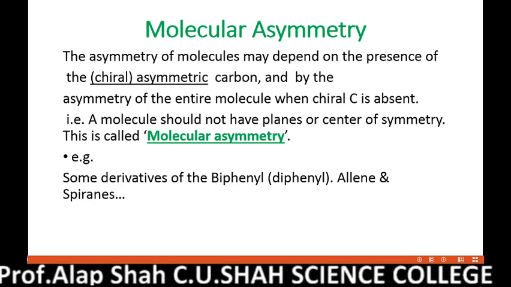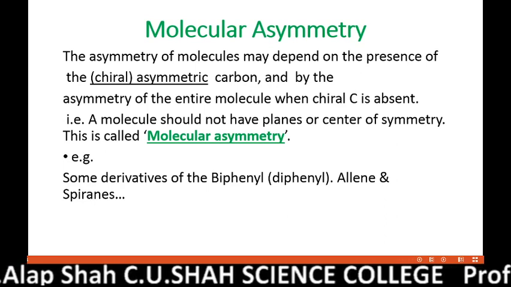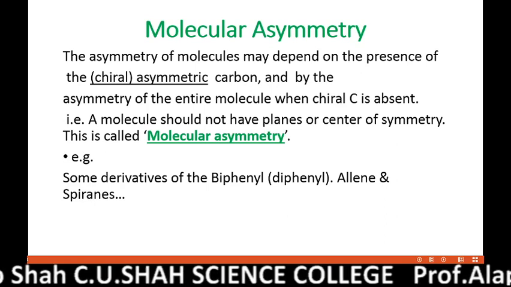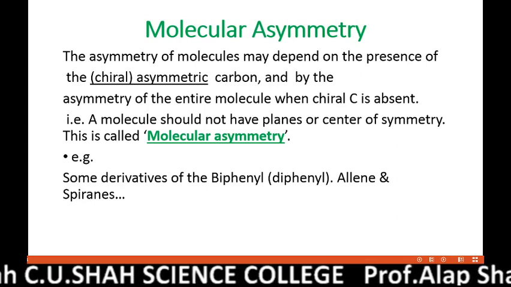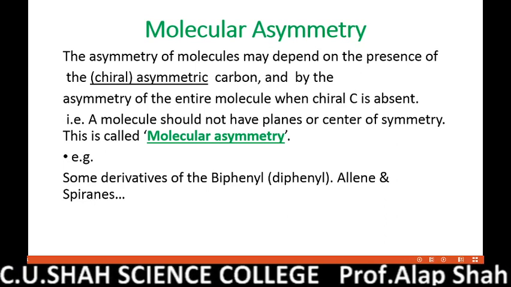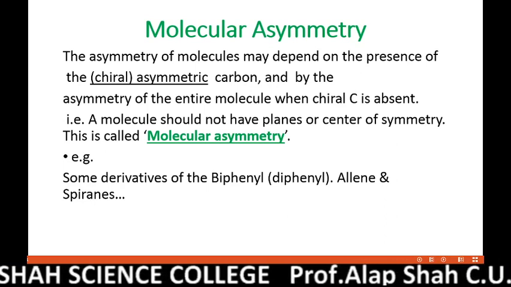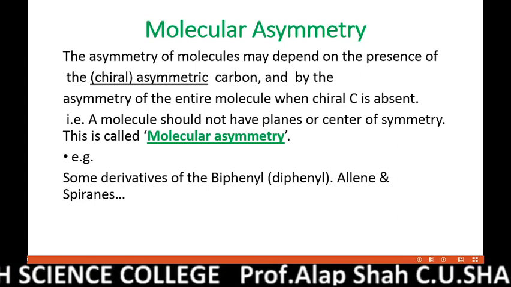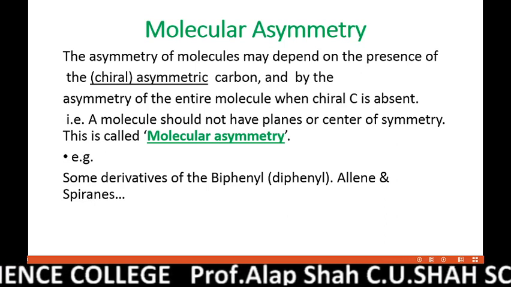So the molecule must have such a shape, or must contain functional groups in a way that it shouldn't possess any symmetry elements like a plane of symmetry or a center of symmetry. And in that case, the molecule as a whole is called molecularly asymmetric.